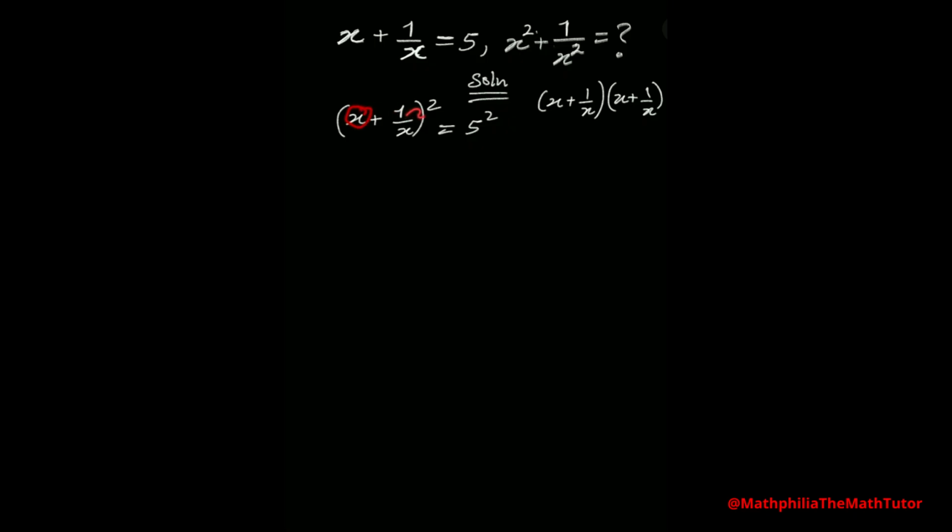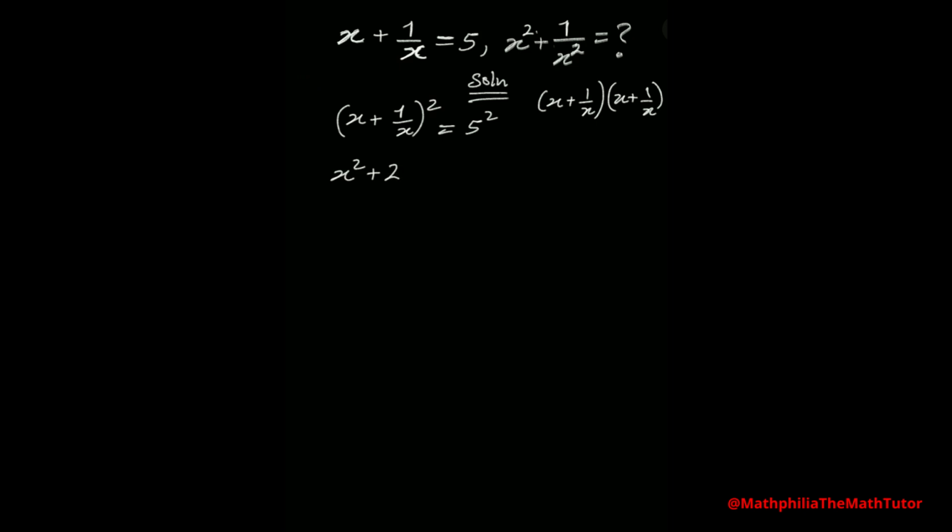That is, when you have two terms with addition or subtraction between them and then a square, you just have to square the first term, plus the power, which is 2, times the product of the first term and the second term, plus the square of the second term. That is x squared. Then we multiply x by 1 over x. That is 1, because x multiplied by 1 over x cancels out and the answer is 1.